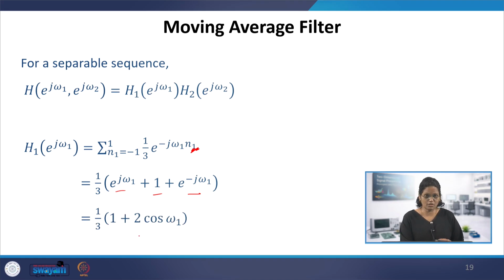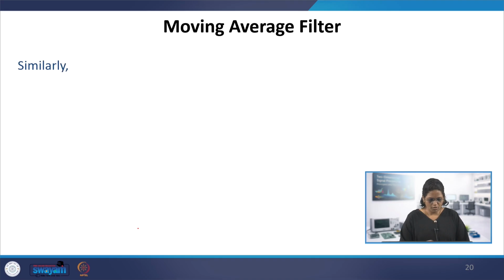If you refer to the 2D H of e power j omega 1, e power j omega 2, or H of omega 1, omega 2, that is also an equally valid notation. That is one part. Similarly for the second, H2 of n2, we get H2 of e power j omega 2 as 1 by 3 into 1 plus 2 cos omega 2.